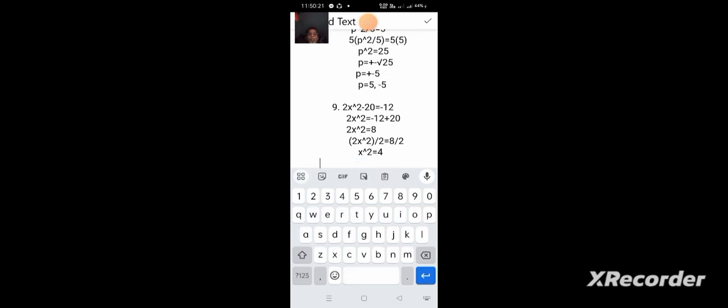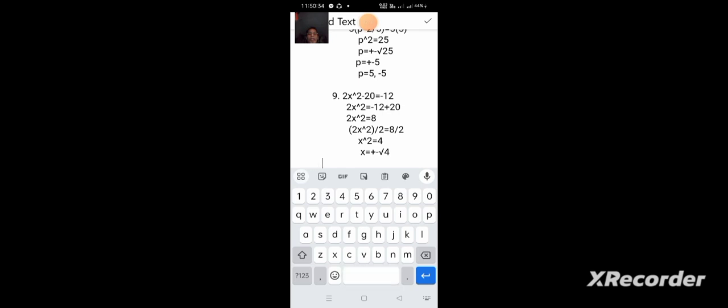2 is 4. Now extracting the square root to both sides of the equation becomes x is equal to plus minus the square root of 4.